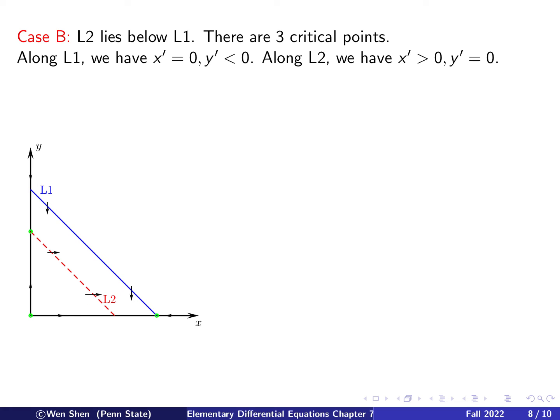Okay, and along L1, we know x prime is 0, and y prime is less than 0 because it's above L2. And similarly, along L2, we know y prime is 0, so it's horizontal. And because it's below L1, we know x prime is bigger than 0. Therefore, the arrow points to the right.